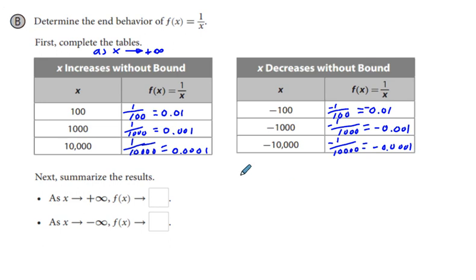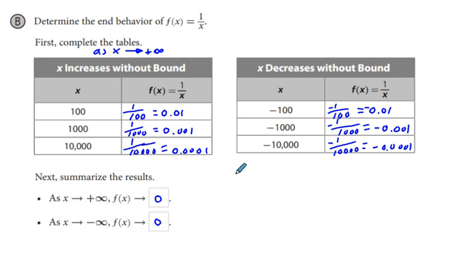Summarizing the results, as x approaches positive infinity, we're getting closer and closer to 0. As x approaches negative infinity, f of x is increasing this time, but up towards 0. So either way, our end behavior is 0.